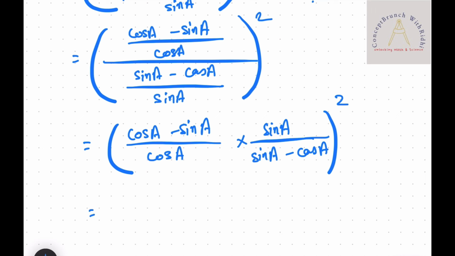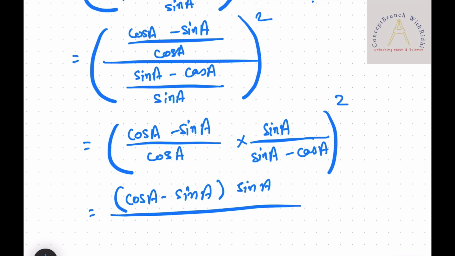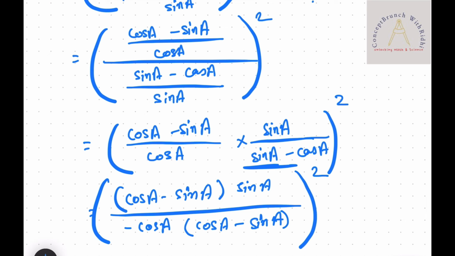Let's do that now. So cos A minus sine A times sine A, right, divided by, I'm taking minus common from here, so minus of cos A minus sine A whole square, correct?